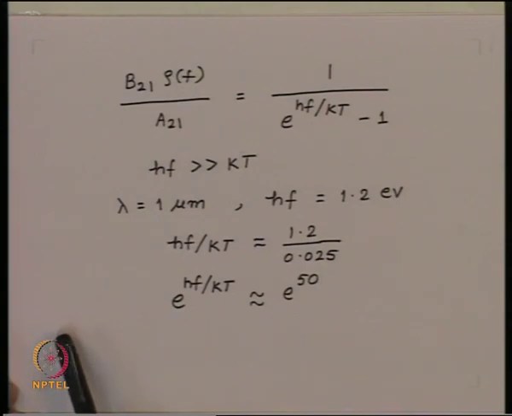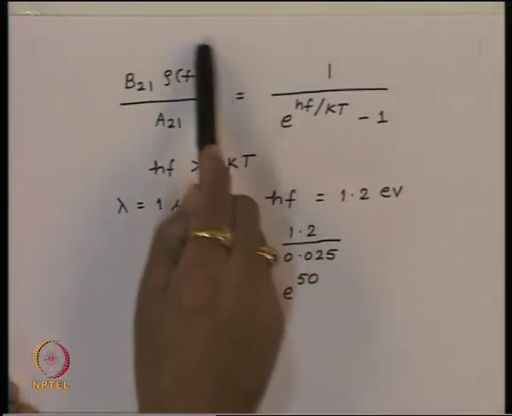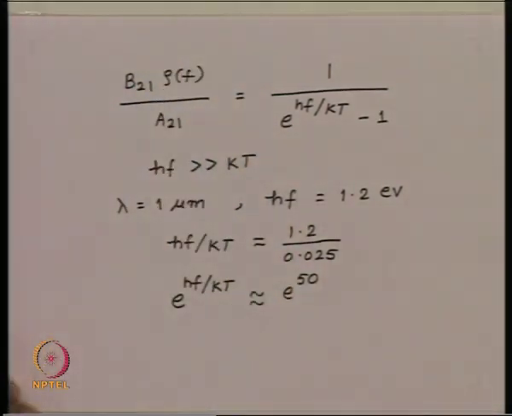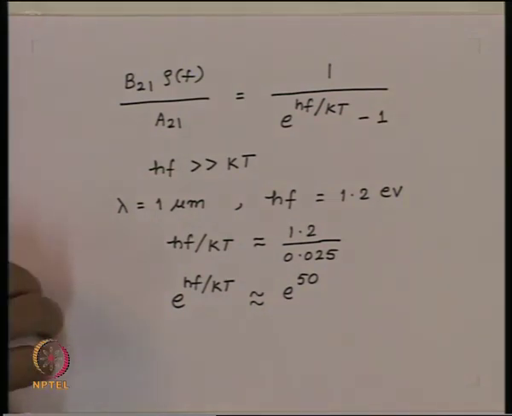And that is the reason, although all the three processes are internally taking place inside the material, the net effect what we see from the black body radiation is the incoherent radiation, because for the typical energies which we are talking about, this quantity here, e to the power hf upon kT, is very large, and because of that, this ratio stimulated to spontaneous will be negligibly small.